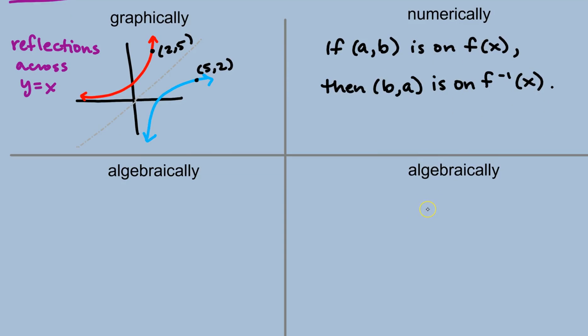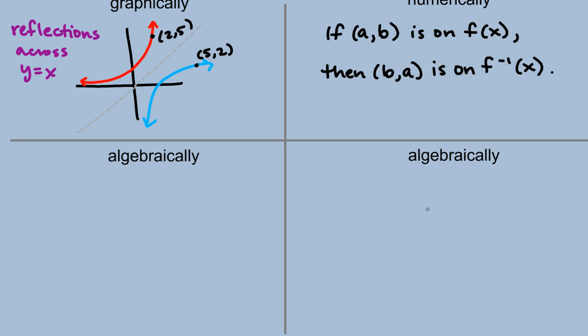Algebraically, what do we know? Well, one of the things we know algebraically is that because inverse operations undo one another, like multiplication undoes division, addition undoes subtraction, squaring undoes square rooting, what happens if you have one function inside its inverse?